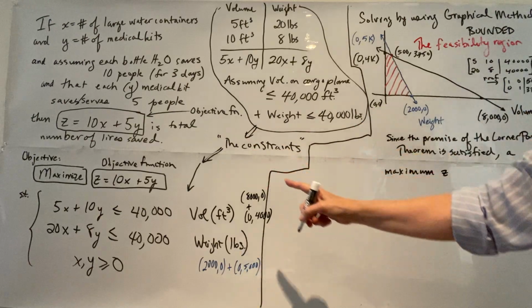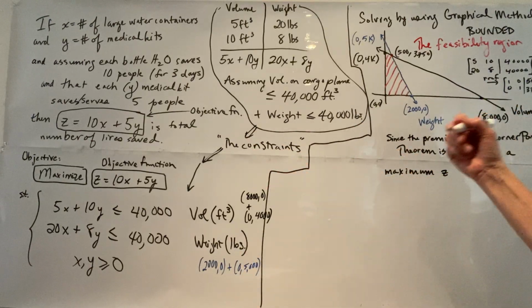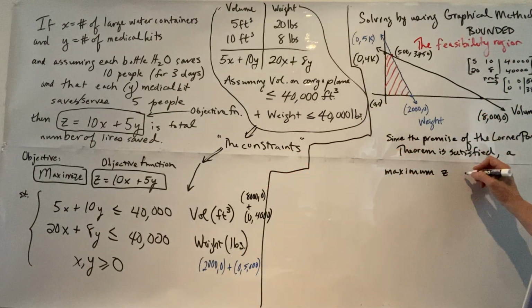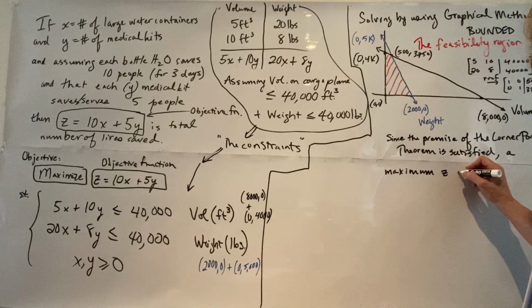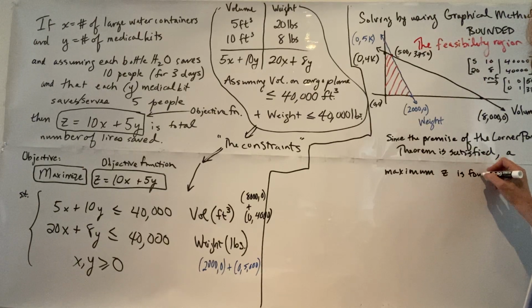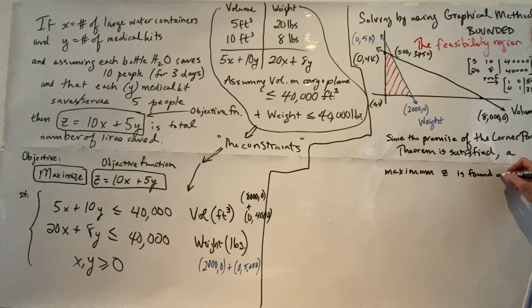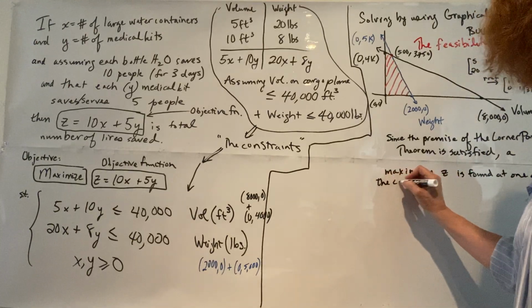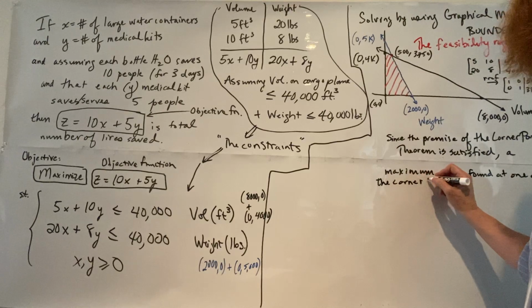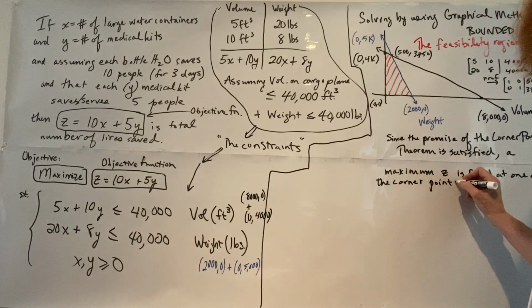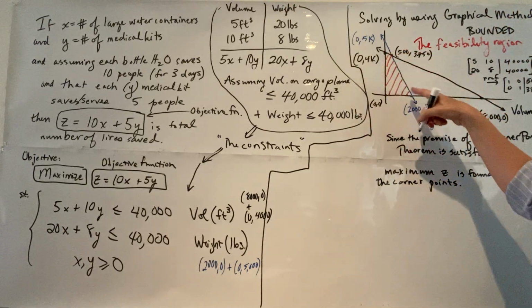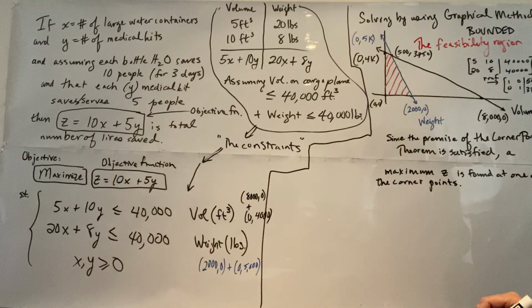A maximum number of lives saved is possible to find. It is found at one of the corner points, one of the vertices of our feasibility region, polygonal feasibility region.